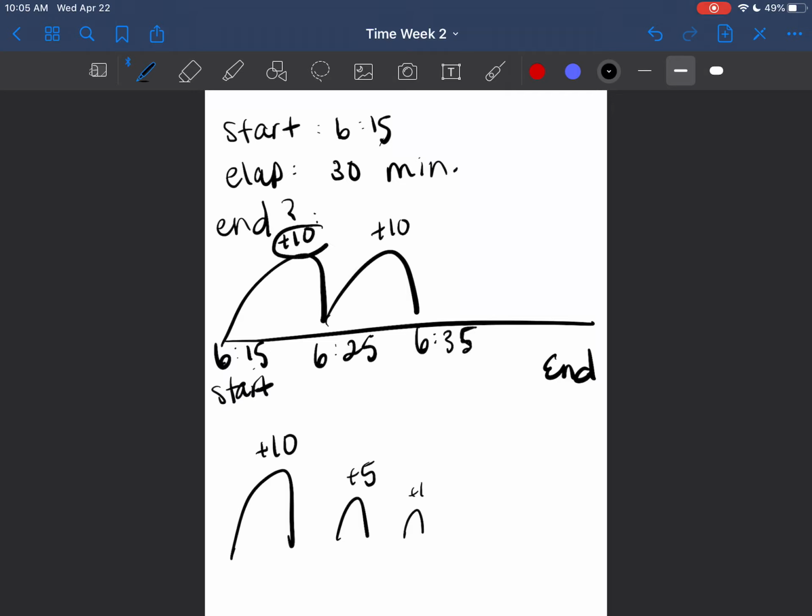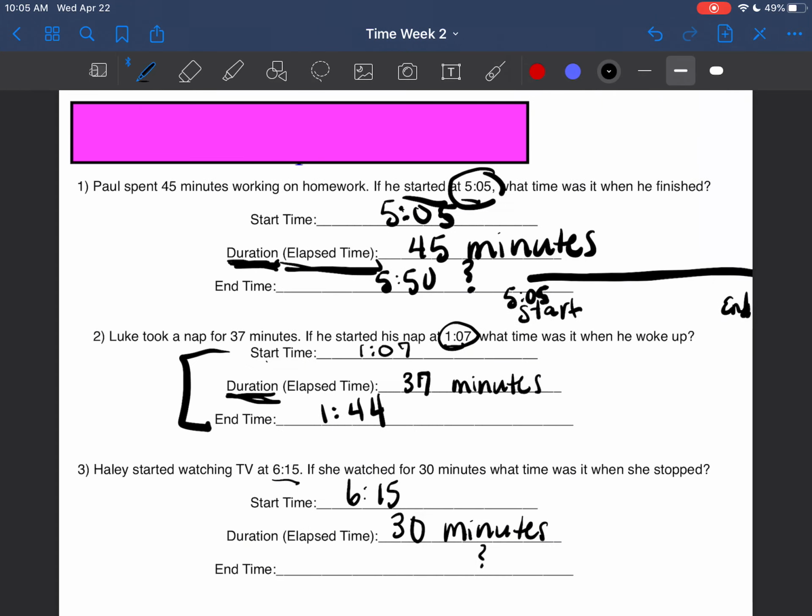So far, I've jumped 10, 20 minutes. I need to jump 30 minutes so I can make another jump. I've jumped 10, 20, 30 minutes. 6:35 plus 10 minutes is 6:45. What time was it when she stopped watching TV? It was 6:45.